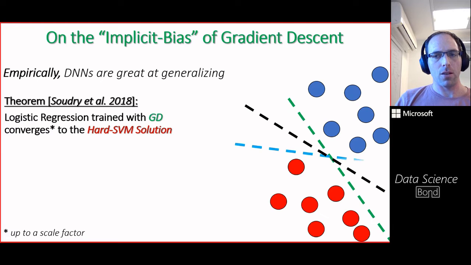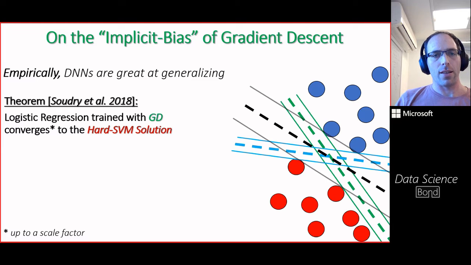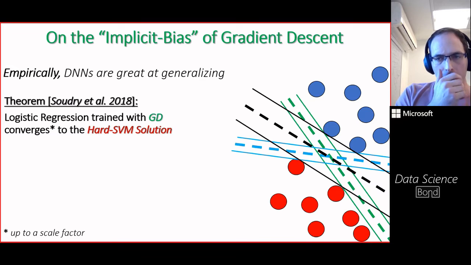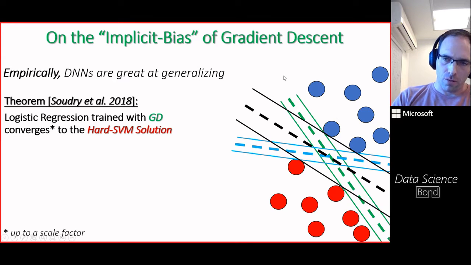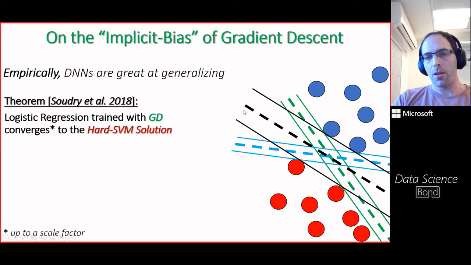What I mean by that is, you have your data, which is linearly separable in the case of logistic regression. And there are many solutions to classify these sets of data points. You have the green one, the blue one, the black one. If you train with hard SVM, you will get the classifier that maximizes the margin, the black one here.